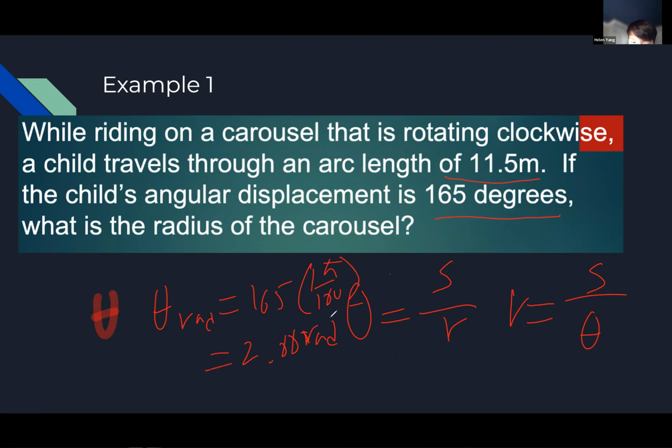Now you can just plug it in. So r is equal to 11.5 meters divided by 2.88 rad, and you would get 3.99 meters.